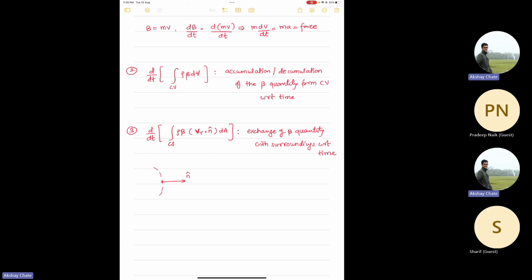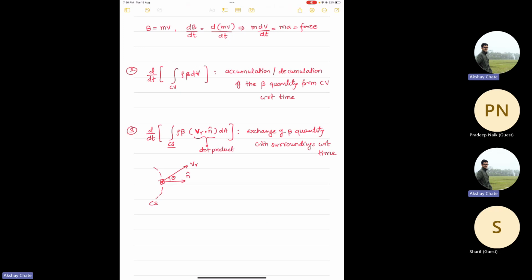Since it is a surface integral, I am just drawing some arbitrary control surface, and the outward normal is positive. This is a basic convention in geometry. Let's say I have some relative velocity direction this way, and theta is the angle between them. We are considering a very small surface, so this is a dot product between these two vectors.